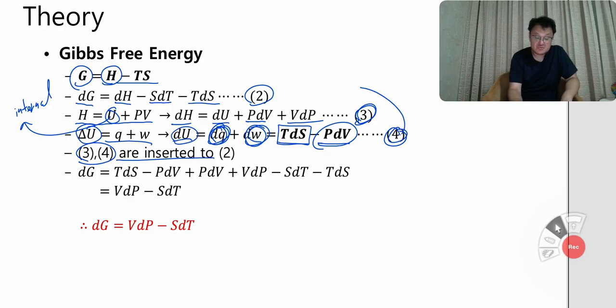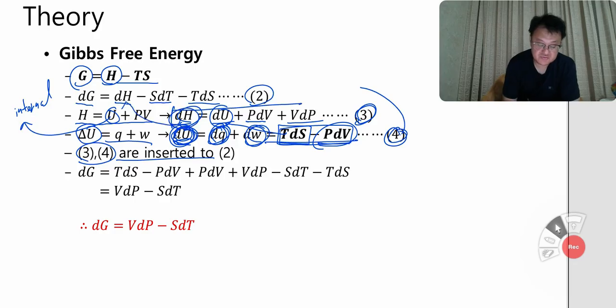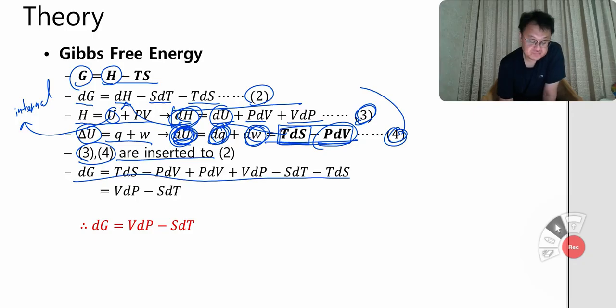So dU should go to here, and then this dH goes to here, and then you end up with this. TDS, let's see.